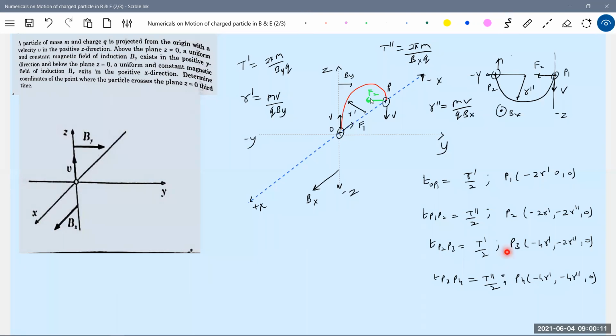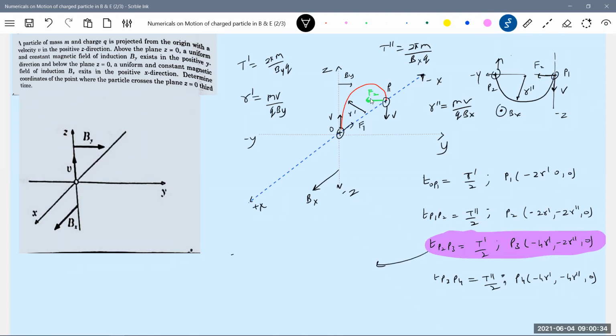Shall I go for this or this one? Third time it crosses the plane z equal to 0. Third time, P3 only is asking. So this is our required answer. Okay, here there's no other way.